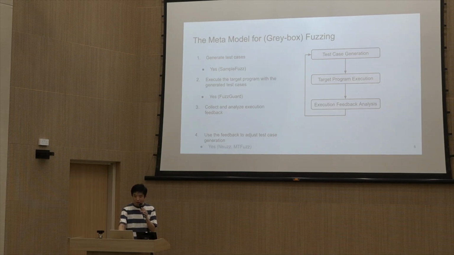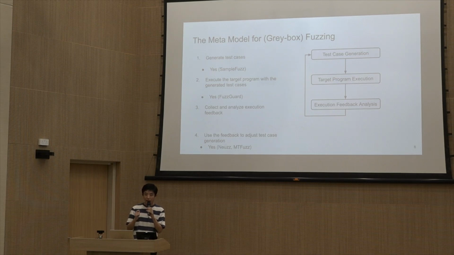For analyzing and collecting the feedback, the answer is also yes, because analyzing the execution feedback is actually a very time-consuming task, and if we use an AI model, we can speed up this process.